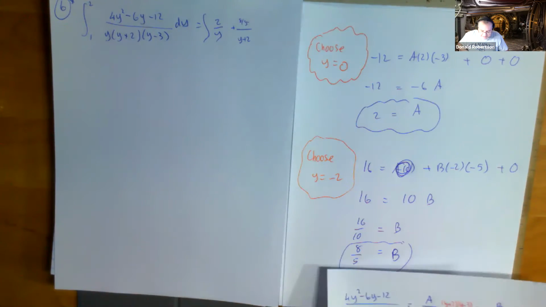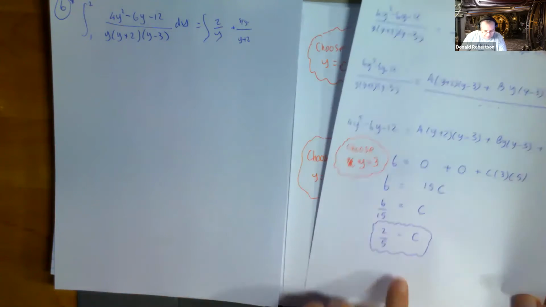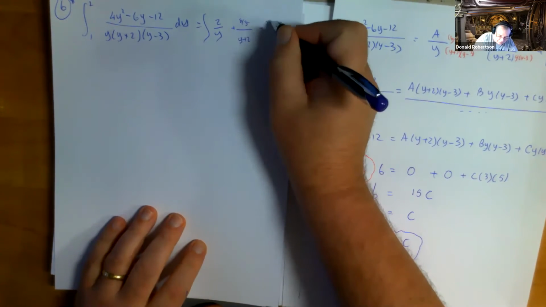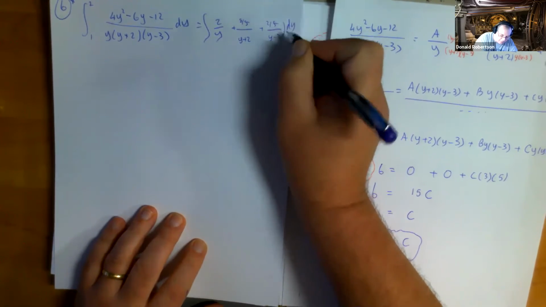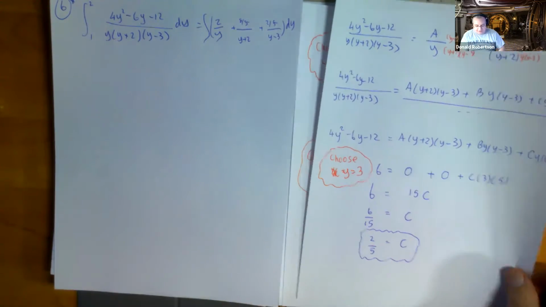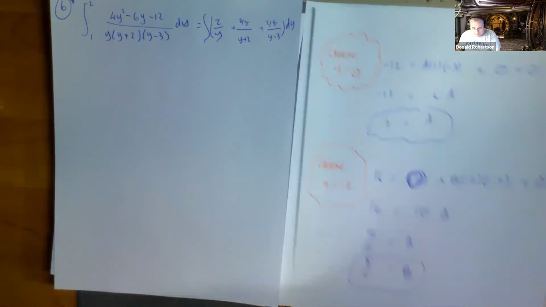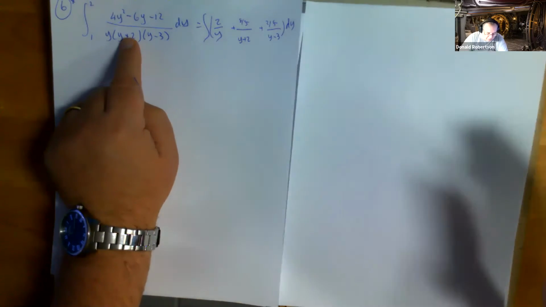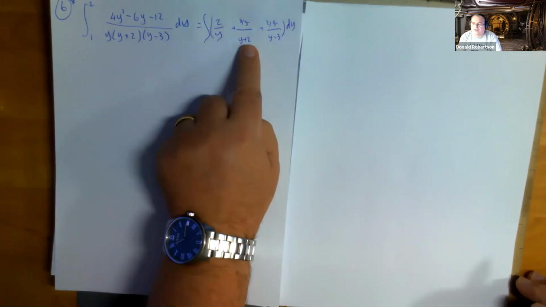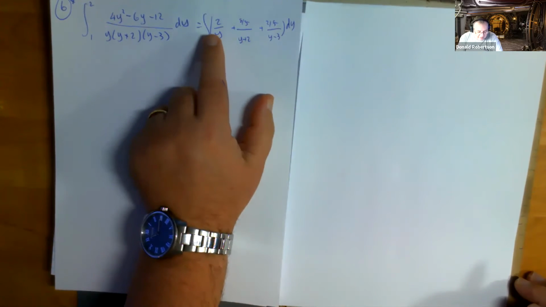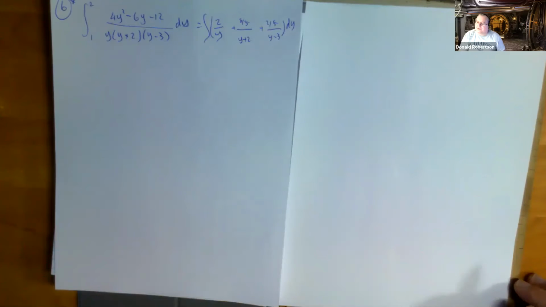C is 2/5. So 2/5 over y take away 3 dy. And that's what the partial fractions process allows us to do. It allows us to take a single fraction and break it into baby fractions called partial fractions. And the good news is that aren't each one of these easy to integrate.